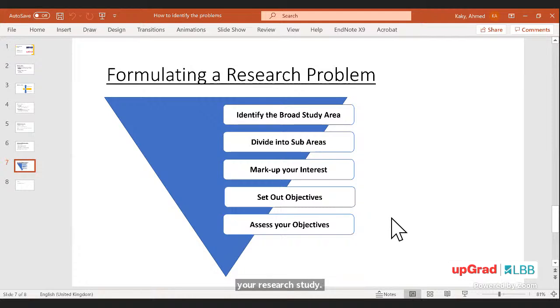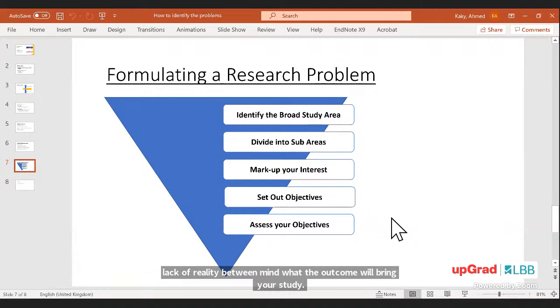Assessing your objectives in terms of time, budget, resources, and also technical expertise at your hand is very important. Also, don't forget to assess your research question in light of reality. Determine what outcome your study will bring.